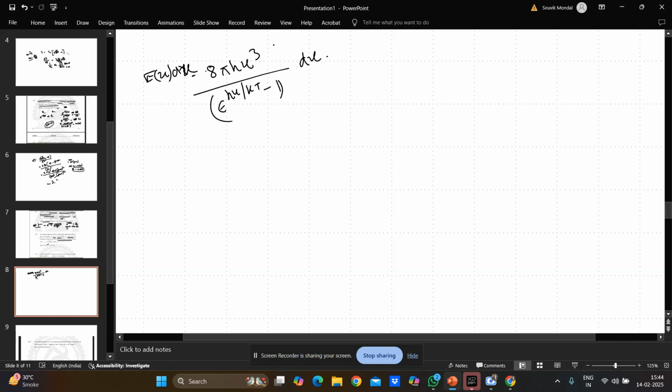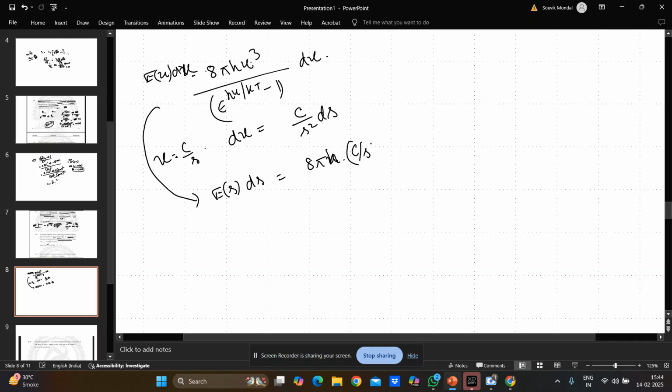Now the trick, the thing you should know for conversion from nu to lambda, is that nu is equal to c by lambda. So d nu is c by lambda square d lambda. Of course there is a minus sign, but we don't care, we care about the magnitude. So conversion from nu to lambda, E lambda d lambda will be 8 pi h, nu is c by lambda whole cube, that will remain the same.